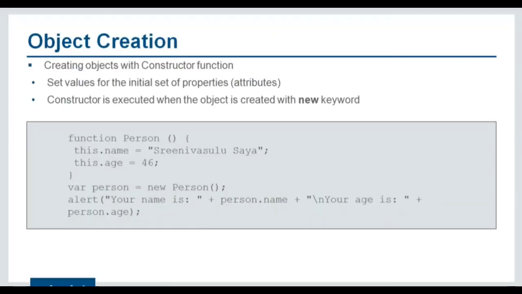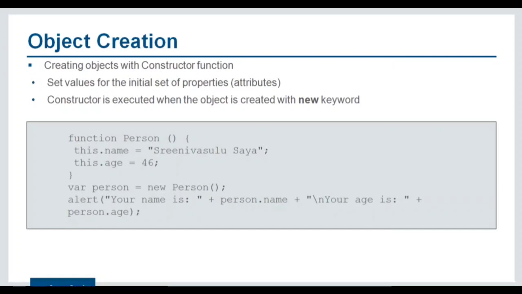Now object creation using a function, which we have already done, but a bit different. You can create something like a function which creates an object, but how? The function will have a name. It will definitely be a named function. And the body of that function will be nothing but the properties of that object.